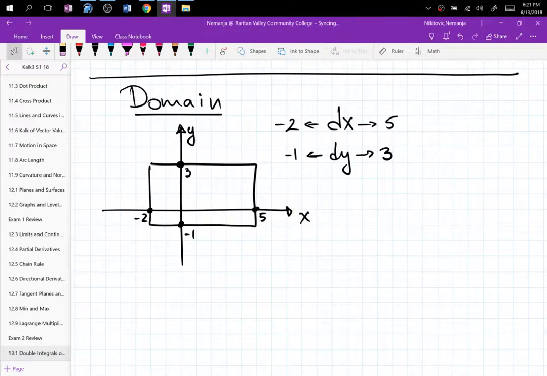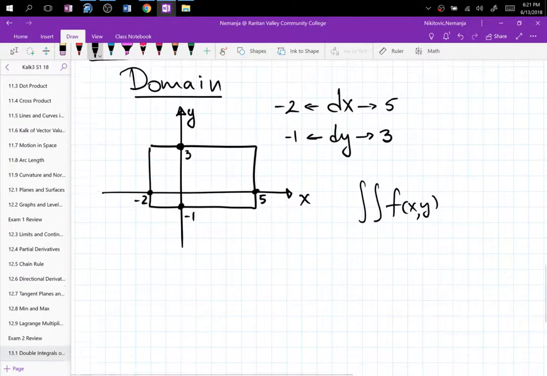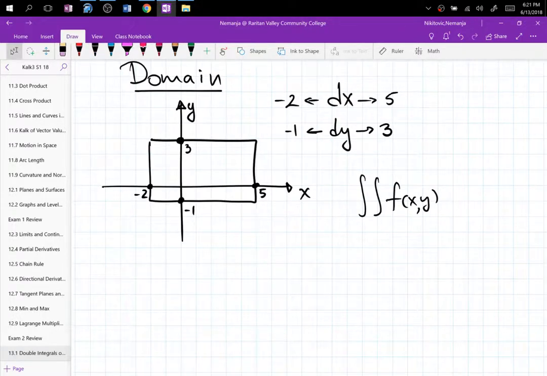So now if I want to integrate, I will have a double integral of some function over here, and now we have a choice. Now I'll write that as a theorem, but we have a choice of writing dx dy or dy dx. So let's say you put dy dx. The outer integral has to be x's, so that's -2 and 5, and the inner integral has to be y's, which is -1 and 3.